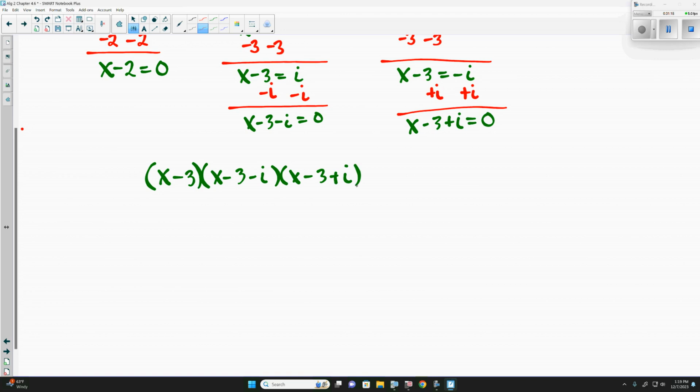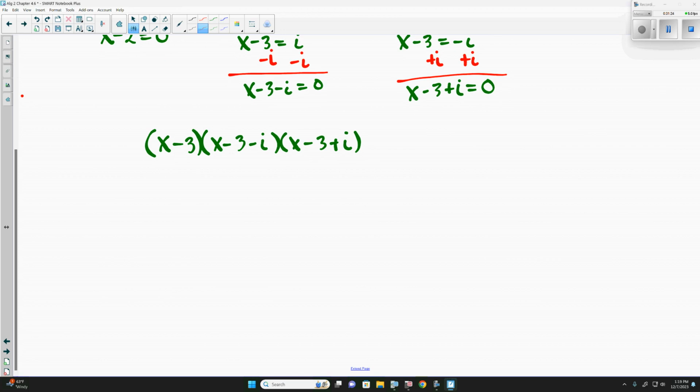Yep, we're going to multiply it all together. And again, just like with the radicals, we want to multiply our two terms, our complex conjugates, together first.